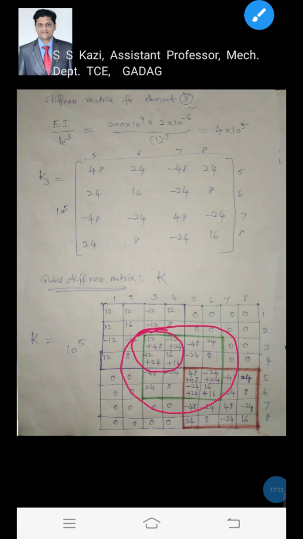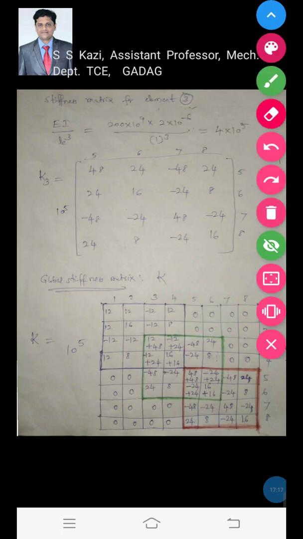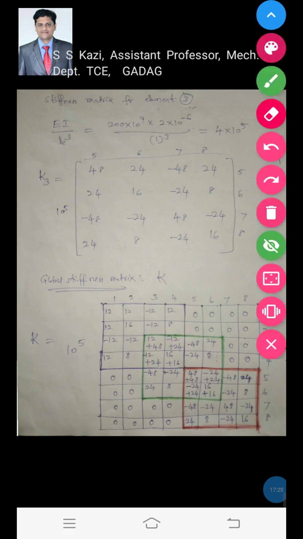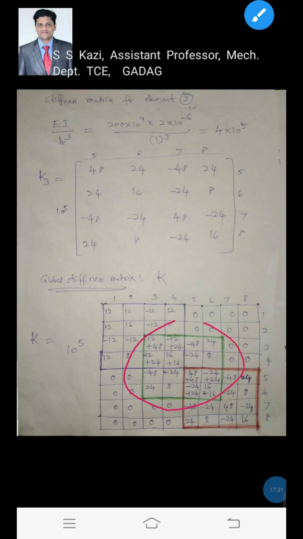That's why you will get two terms here. That is, the first term is the K1 term, 12, and the second term is 48, that is the K2 term. Here minus 12 is the K1 term and the K2 term is plus 24. Like that you can observe 3 4 5 6, 3 4 5 6, you just transfer.